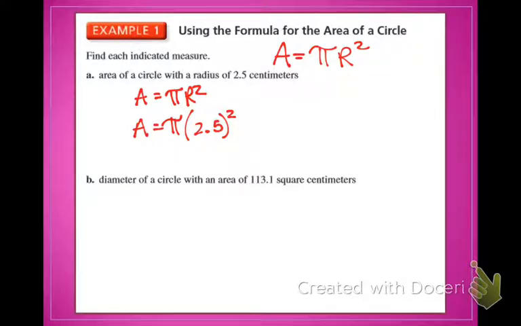Is squaring the same thing as doubling? No, it is not. So if you put 5, it is not correct. 2.5 squared is 6.25. It doesn't say leave it in terms of pi, so you can hit S to D. Pi times 6.25. Round to the nearest, let's do hundredth.